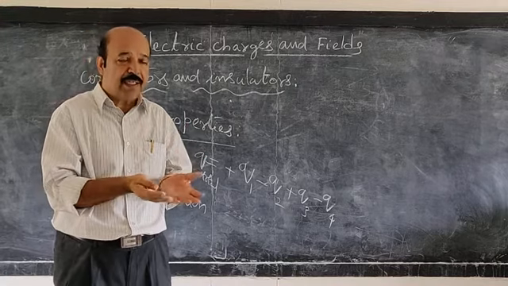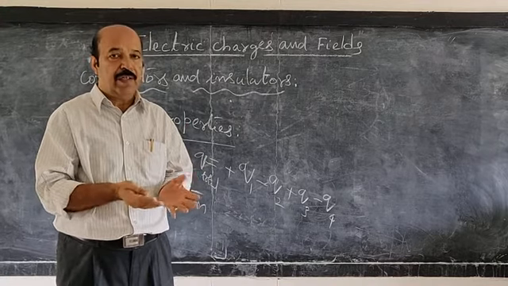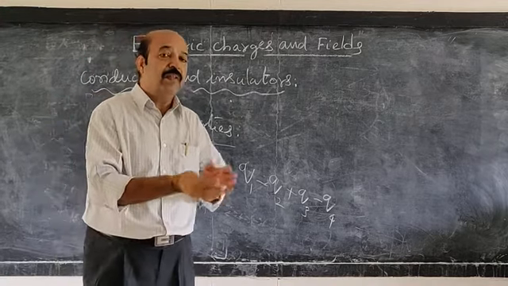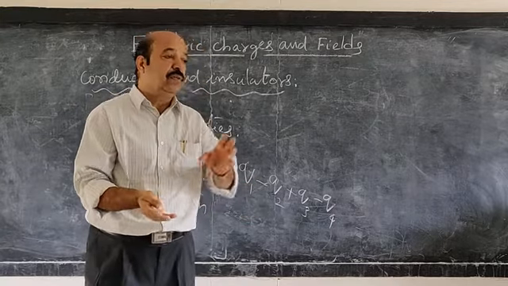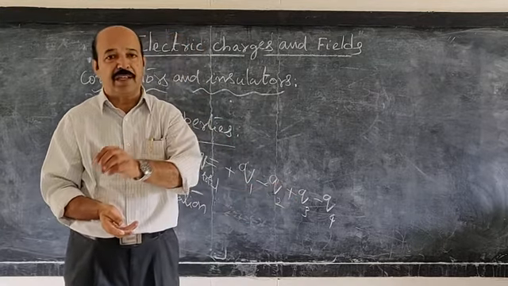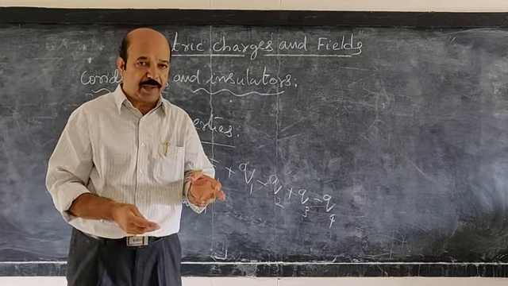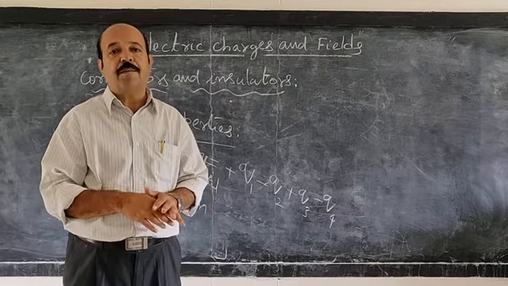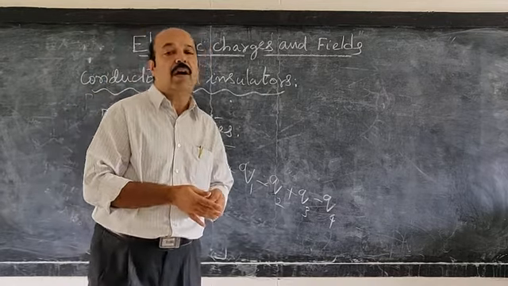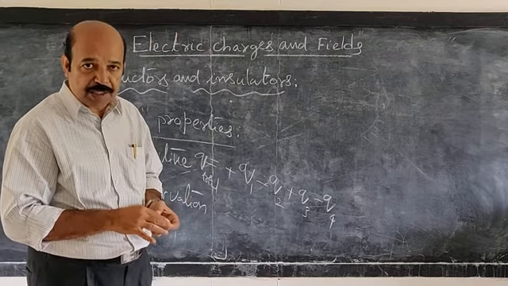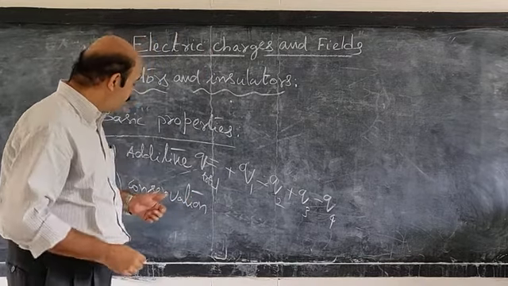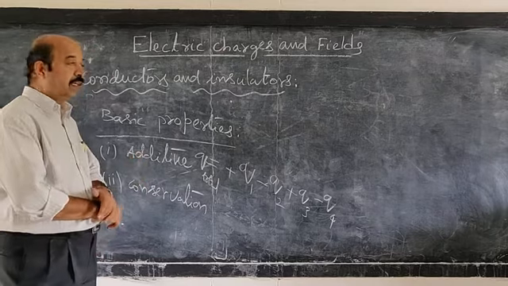So we consider that system isolated. Within that isolated system, if there are different bodies, you can transfer charges from one body to another body by different processes, but it is not possible to create or to destroy electric charges. Okay, so that is about conservation of electric charges.